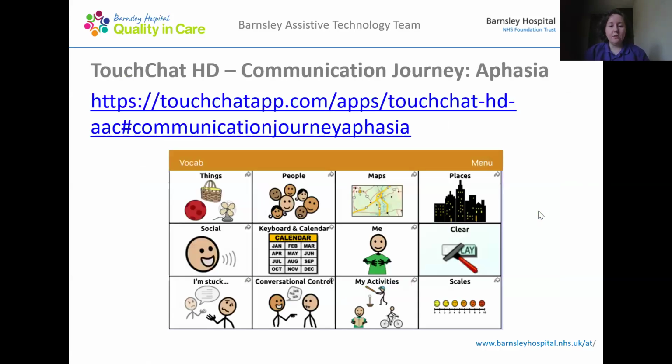And then Touch Chat also have one which is designed specifically for people with aphasia, and that organises different phrases and words by different categories. It has maps as well and rating scales. And I really like this feature called I'm Stuck. When you click on it, it goes, I'm stuck.